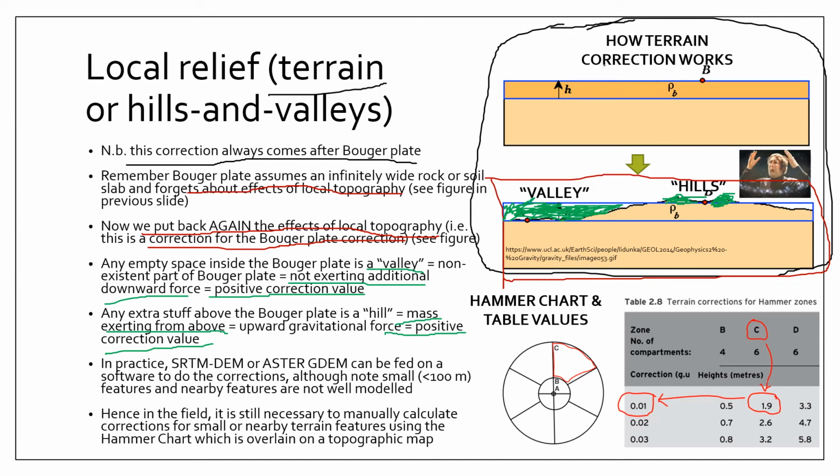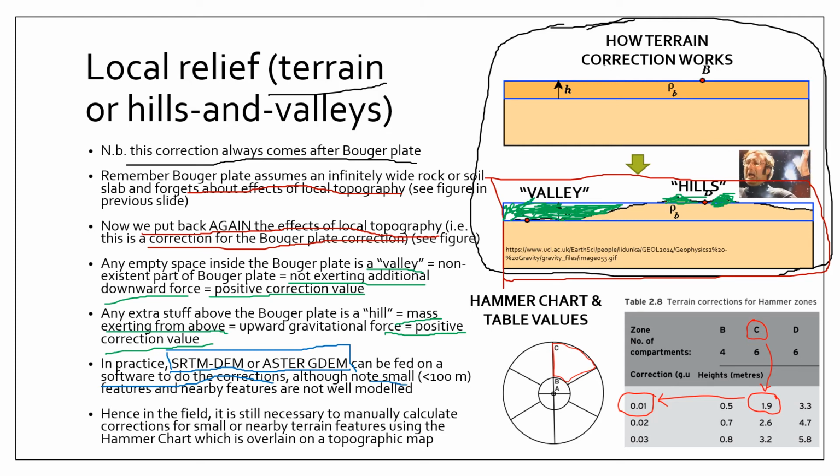Right now, in practice, this correction is normally done in software, and you have a lot of digital elevation models that can be used. You have your Shuttle Radar Topography Mission, or the SRTM. You also have the ASTER GDEM, and you just feed that to your software and it will know how to do the corrections. Although note that in the field there are some discrepancies that you have to account for explicitly.